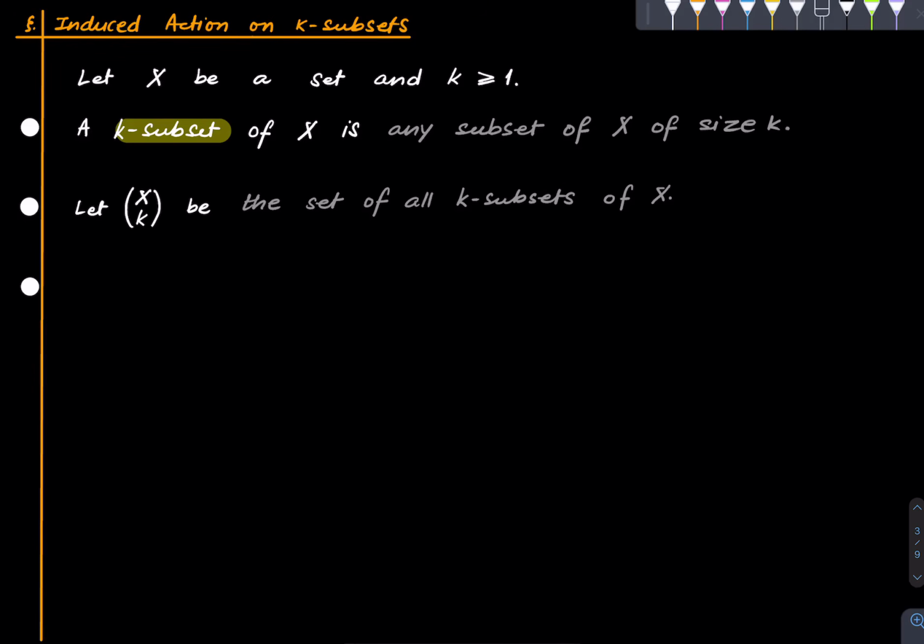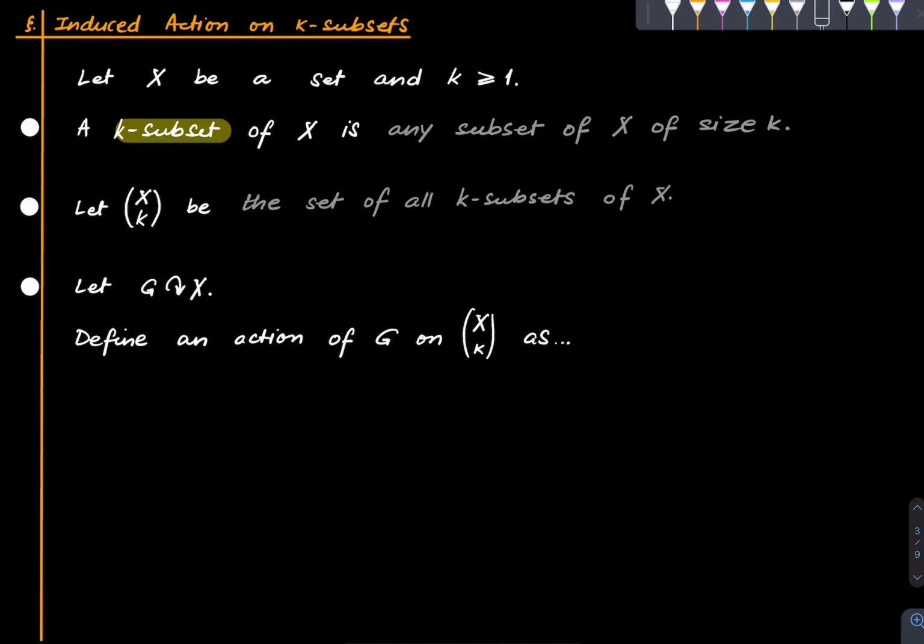Then n choose K is supposed to mean the number of ways of choosing K different things out of n given objects. If you think about it, this is the same as asking for the number of K subsets of a given n element set. Here we are not talking about a number, we are just talking about the K subsets of a given set X. So this is not a number. All right, just a piece of notation.